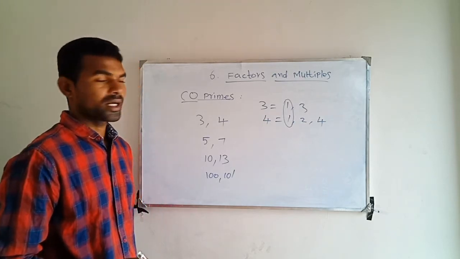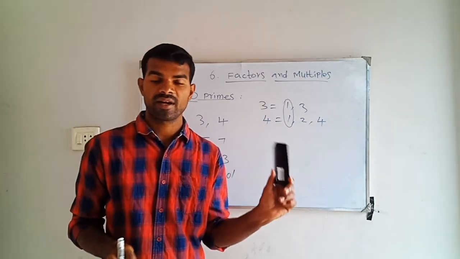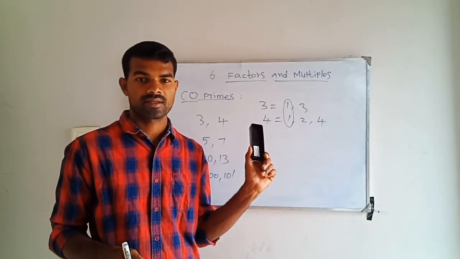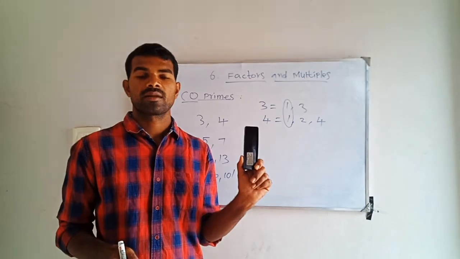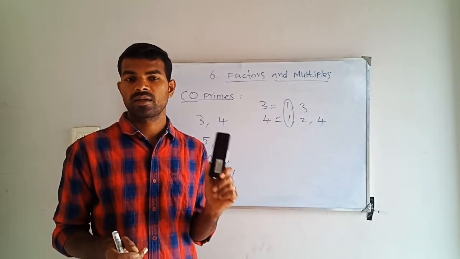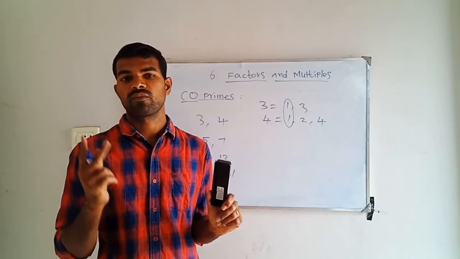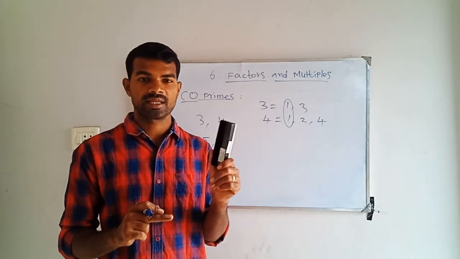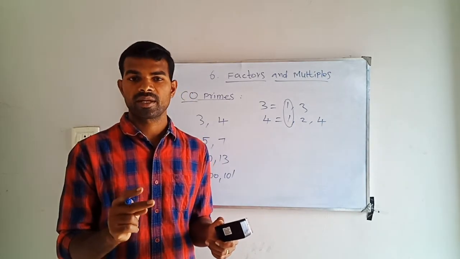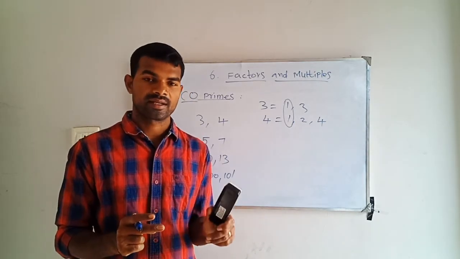Co-primes. Okay, students, let us revise what we have studied till now. First, we saw the factor. When we multiply two numbers, we get the product. The two numbers you multiply are the factors.